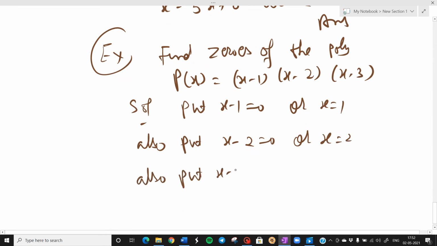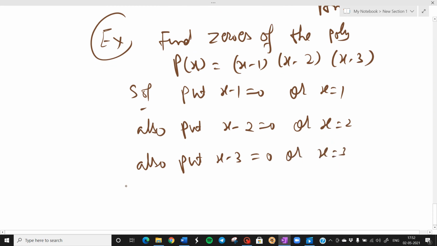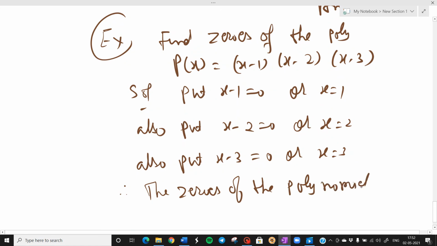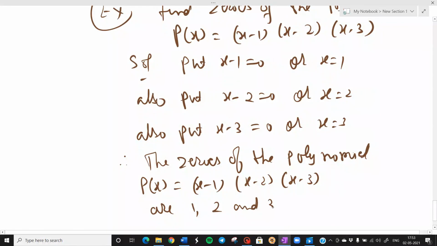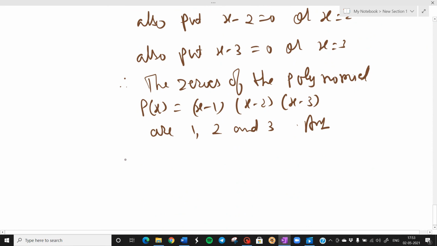Also put x minus 3 is equal to 0, or x is equal to 3. Therefore, we can say that the zeros of the polynomial p(x), that is (x minus 1)(x minus 2)(x minus 3), are 1, 2 and 3. That is your answer.